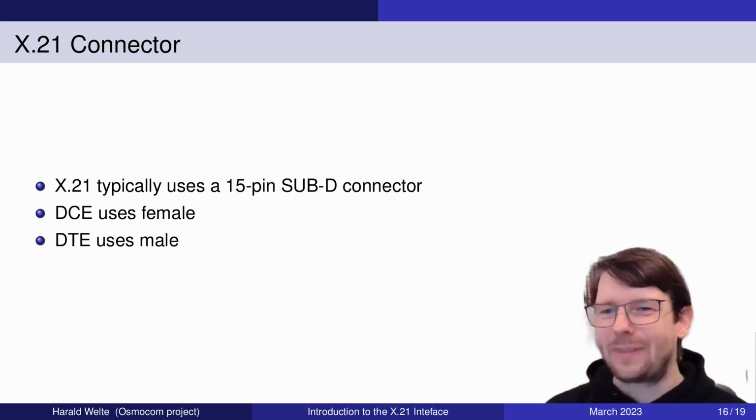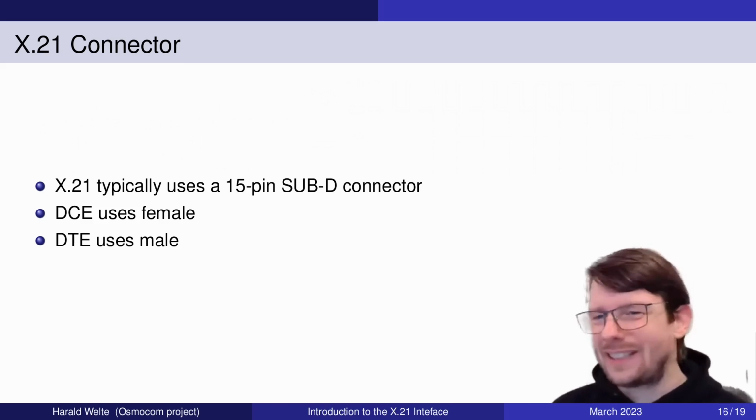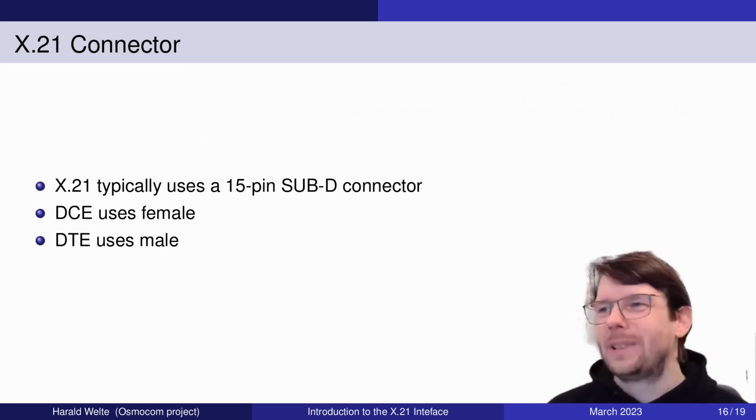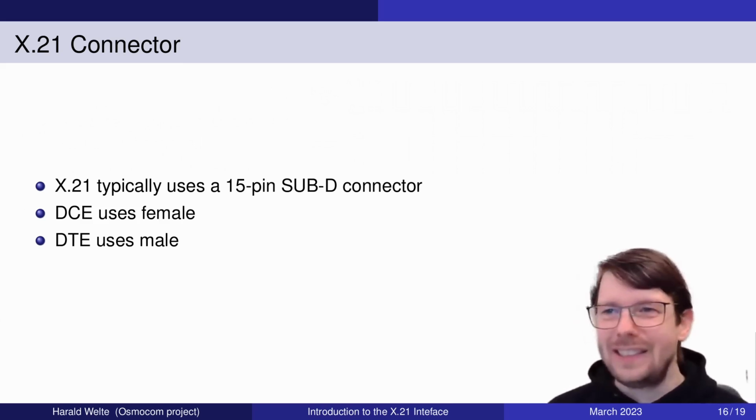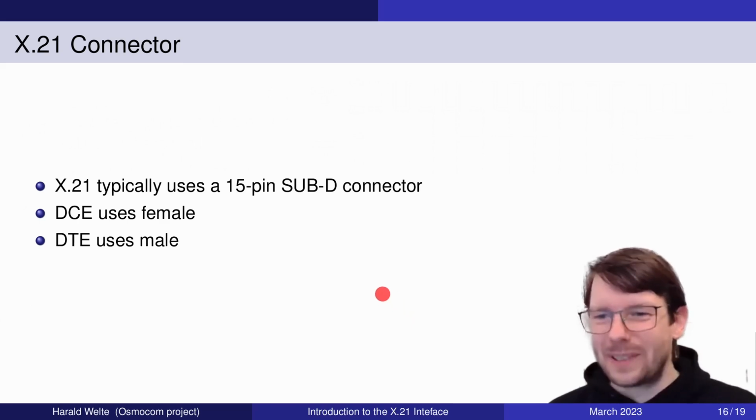And the reference interface point is the physical connector at the DCE, so the cable is already part of the DTE and thereby the responsibility of the user. And anything up to the female connector in the DCE is the responsibility of the telecom operator.